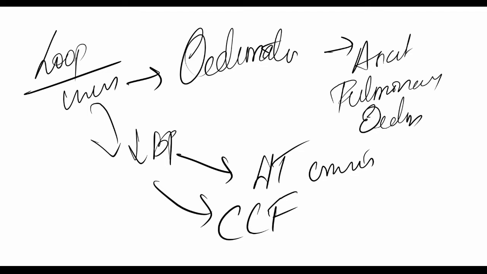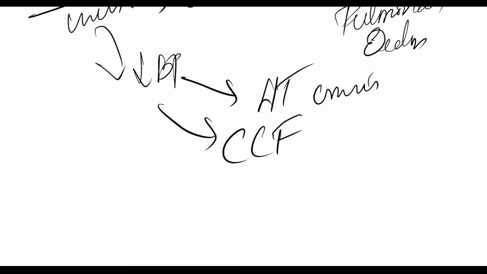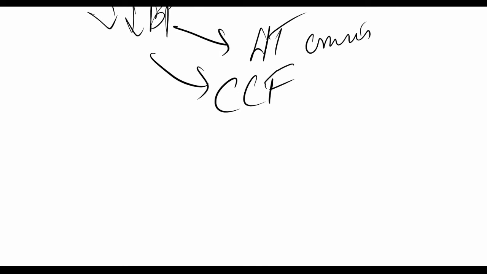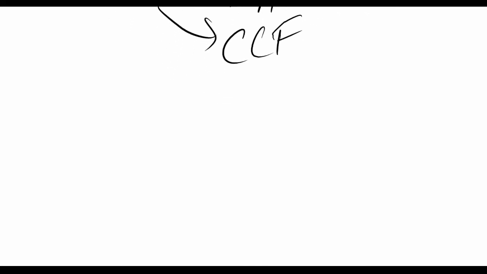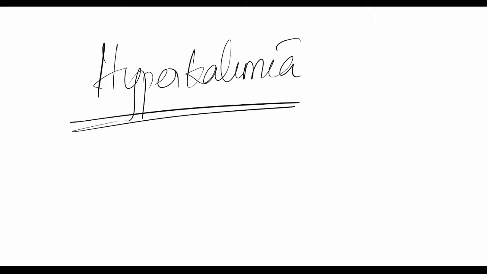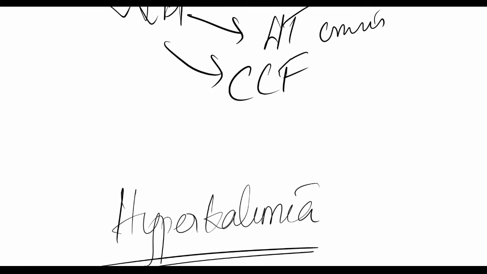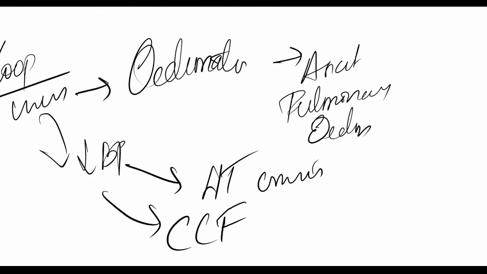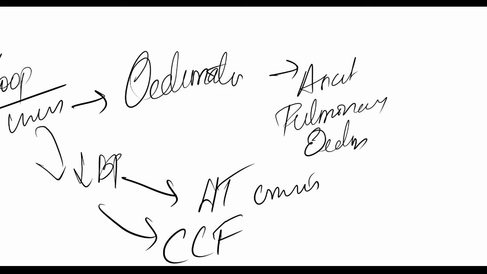These are serious uses. In case of hyperkalemia, this might sound a little weird, but it is a very good drug to use. So we have hypertensive crisis, congestive cardiac failure, hyperkalemia, and edematous states.